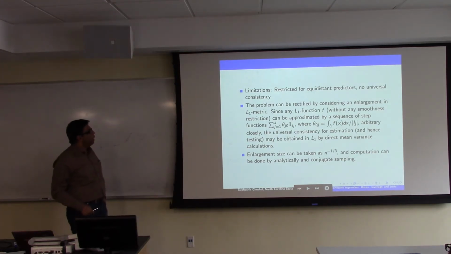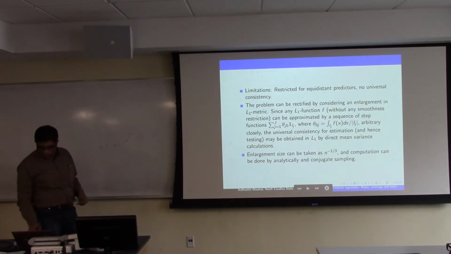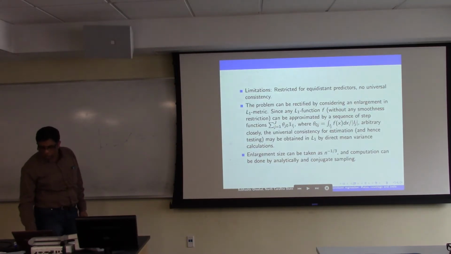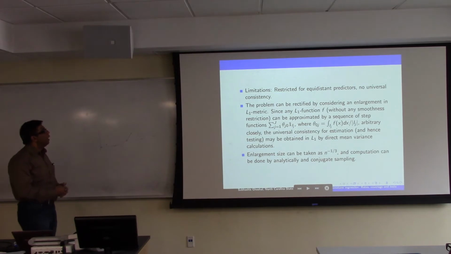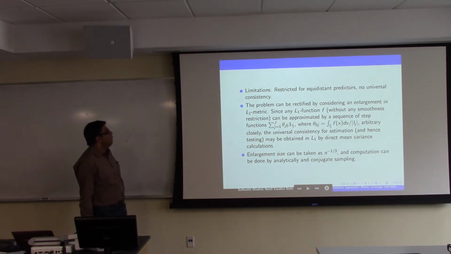Solomon's problem, if he uses his enlargement, is that it's restricted, first of all, to equidistant predictors, and there was no universal consistency because he cannot handle things that are not appearing at those points.